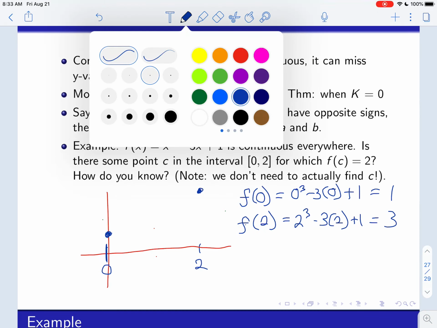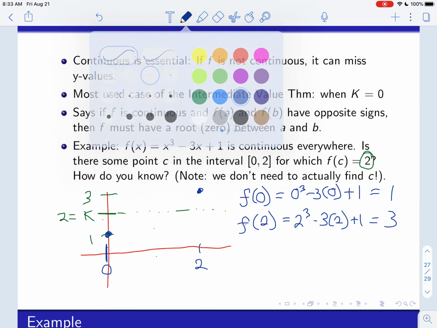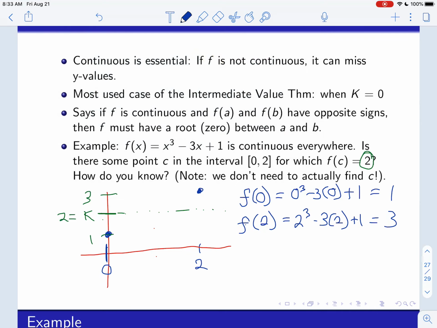Now the k is the number they're asking about. So if this is 1 and this is 3, then here's k because that's 2. So if I'm drawing this graph and I'm starting at a point down here at 1 and I want to end at this point up at 3, do I have to cross 2 somewhere? Well, yeah, I do, because 2 is in between 1 and 3.